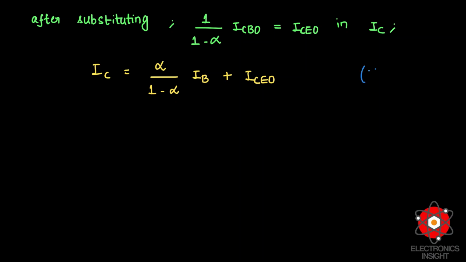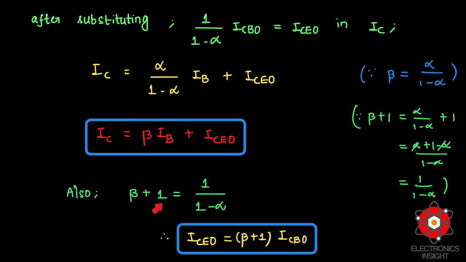And since beta is nothing but alpha by 1 minus alpha, we can rewrite the collector current equation as beta times IB plus ICEO, which is the collector to emitter current with base open. Also, you can see here that beta plus 1 is nothing but 1 by 1 minus alpha. The proof I have given here. So therefore, we can rewrite the collector to emitter current with base open as beta plus 1 times ICBO.